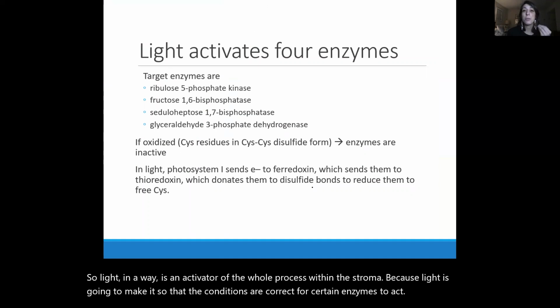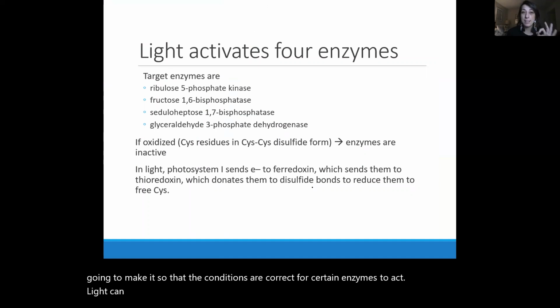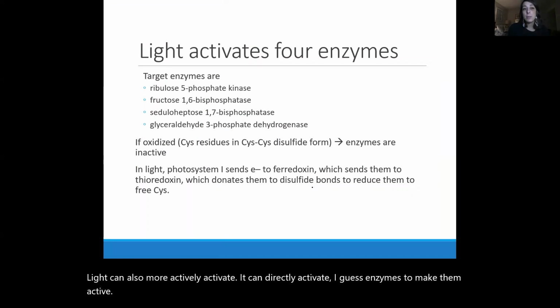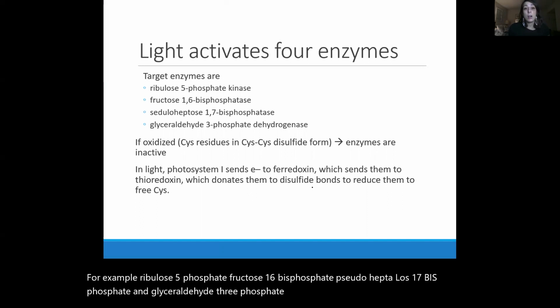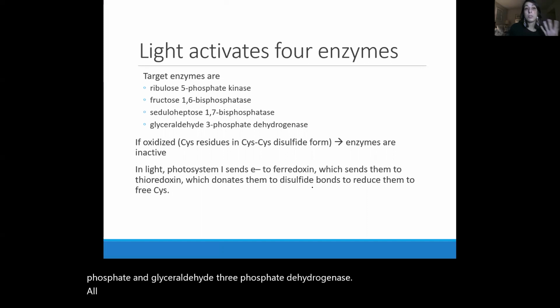Light can also directly activate enzymes to make them active. For example, ribulose 5-phosphate kinase, fructose 1,6-bisphosphatase, sedoheptulose 1,7-bisphosphatase, and glyceraldehyde 3-phosphate dehydrogenase. All of them are target enzymes for light activation.